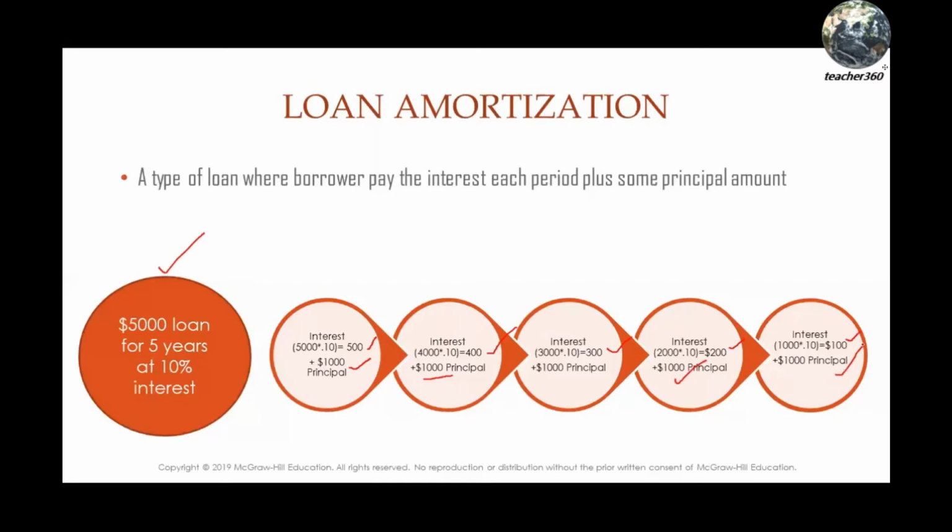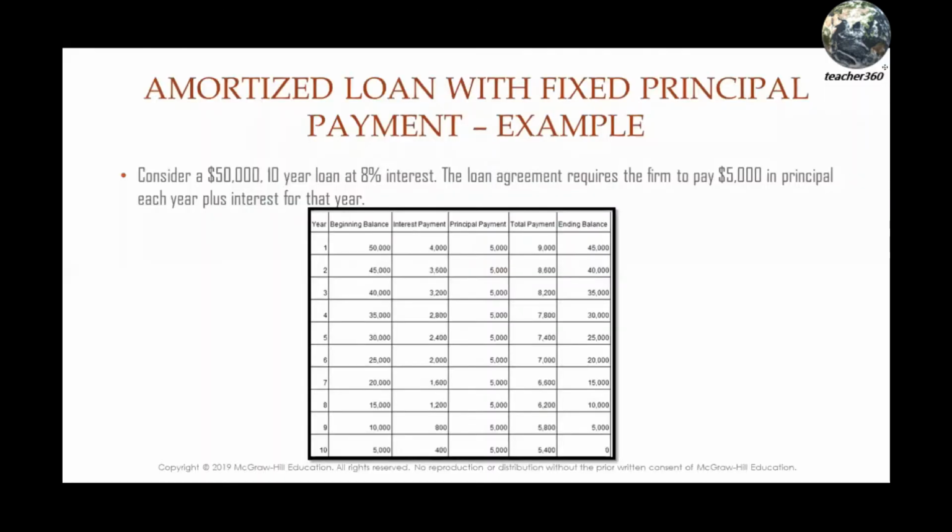So this is about loan amortization. We can understand it better if we see some examples. Consider a $50,000 10-year loan at 8% interest.